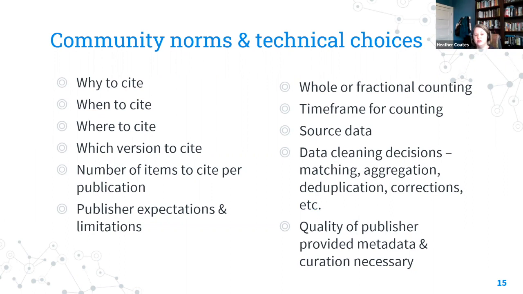One of the key principles of citation analysis that comes out of the scholars, the statisticians who study this, is that you do not compare citation metrics for different disciplines, because there are differences in citation density that are shaped by the norms and the practices of the field.